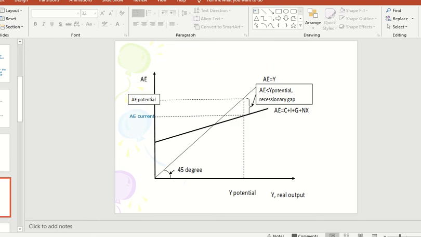So that's what we have just seen, just here. If the economy were to produce the potential output level, our spending would have been here, but that's less than what is needed to support the potential output level. And the amount is the recessionary gap.